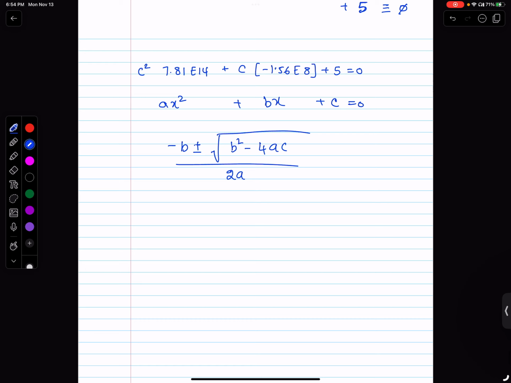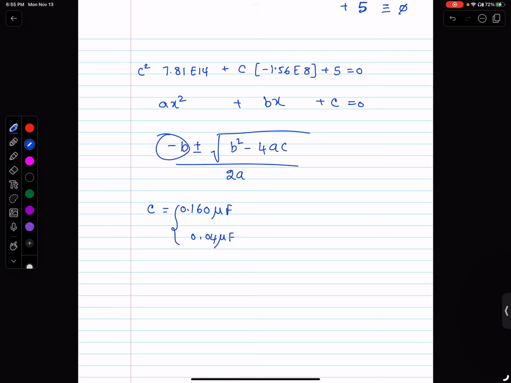You'll get the value of C. It has two roots: 0.160 microfarads, or 0.04 microfarads.